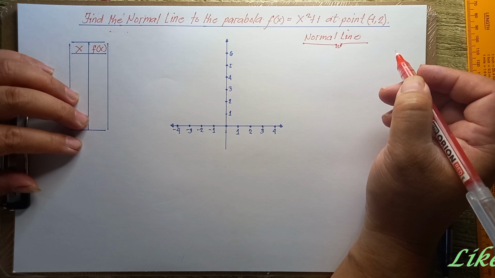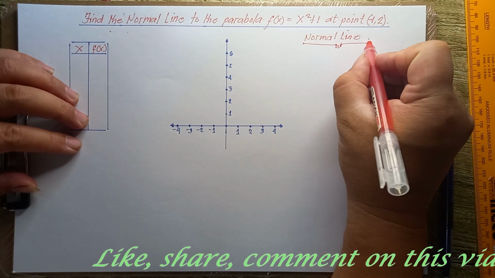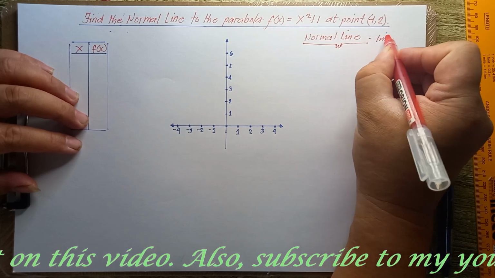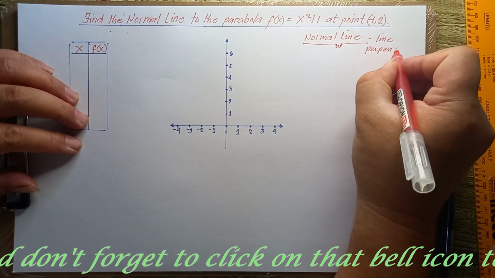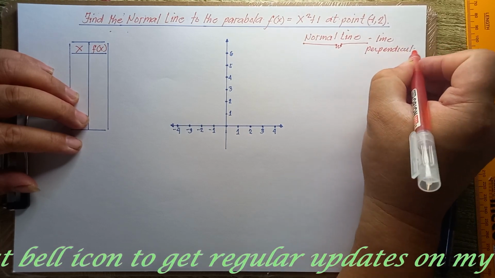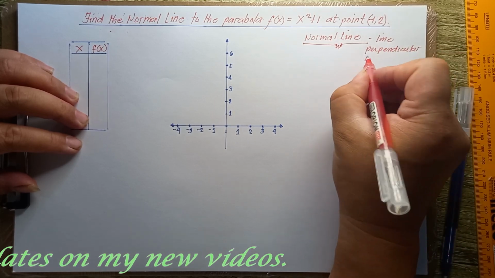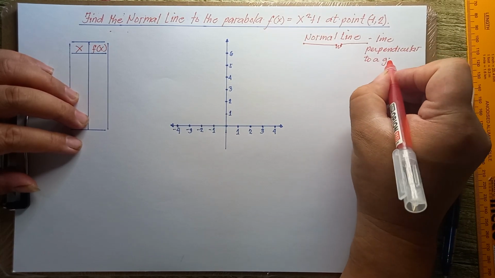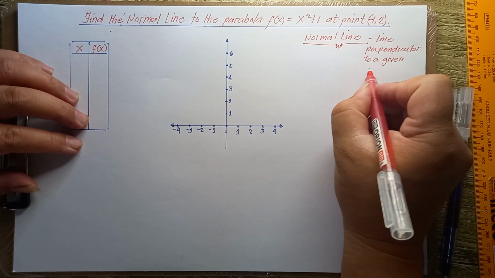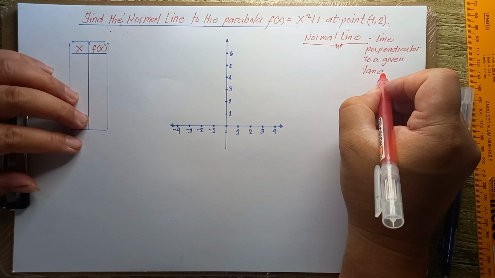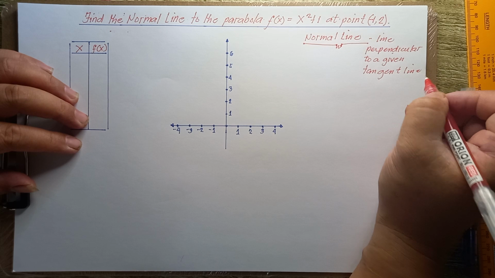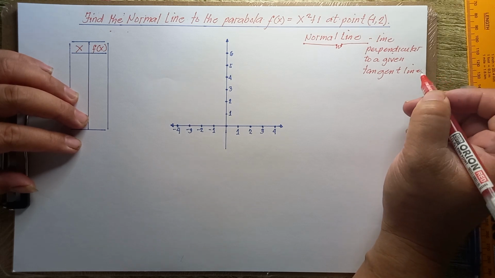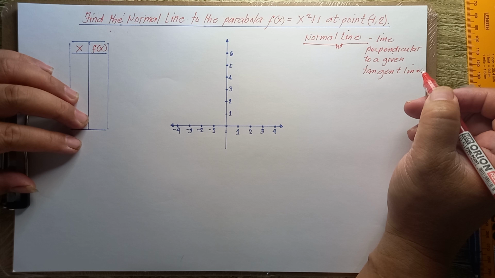So when there is a tangent line, the normal line is actually the line perpendicular to a given tangent line.